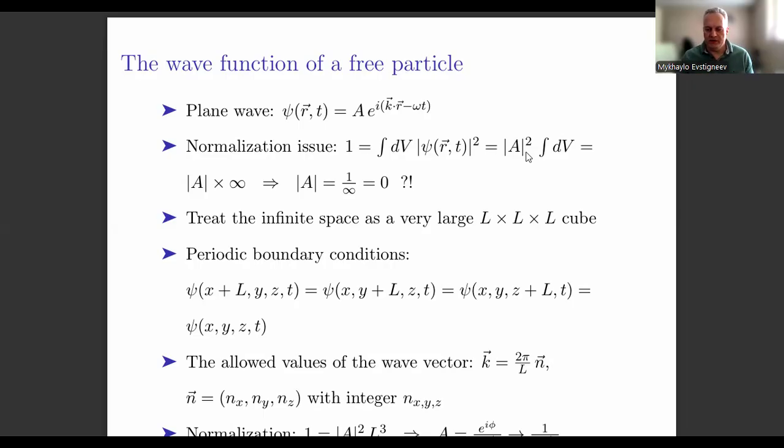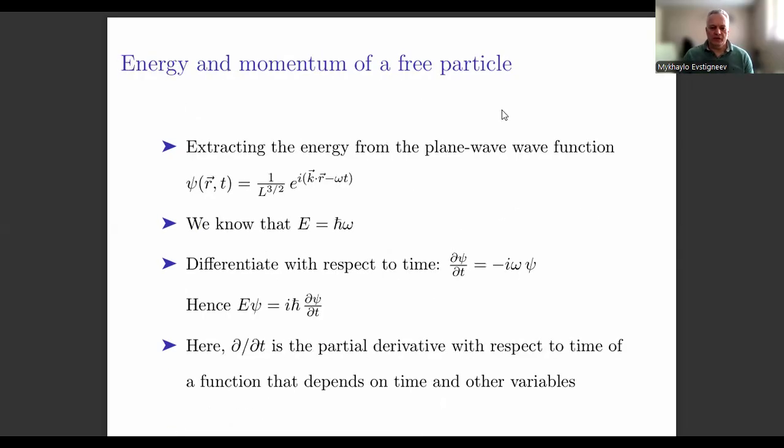Phi can be any phase constant. All right, so now that we have this wave function of a plane wave, the normalization constant is 1 over L to the power 3/2 times exponential to the power i (k r minus omega t). We can start working on the differential equation that this function satisfies.